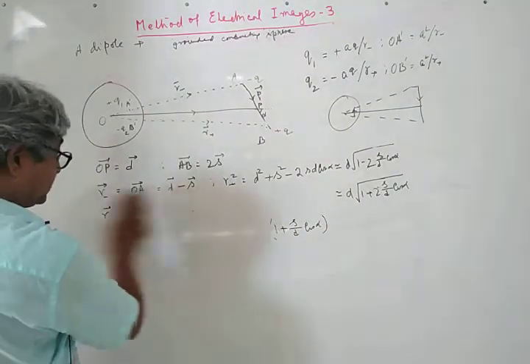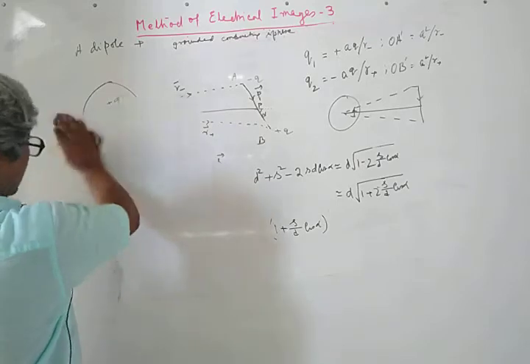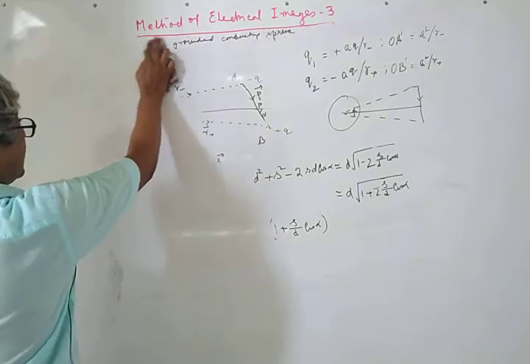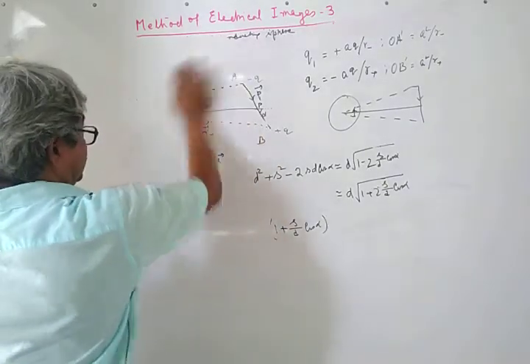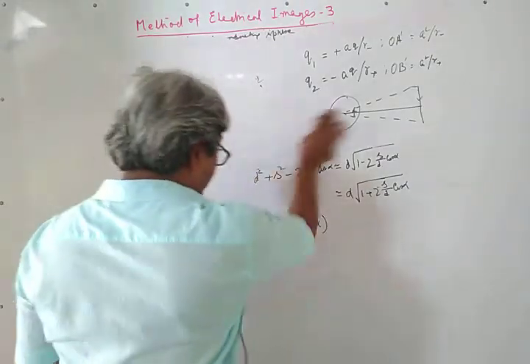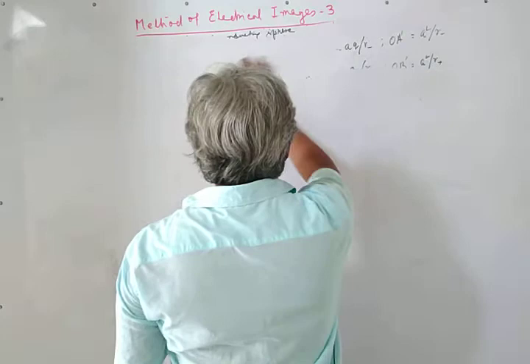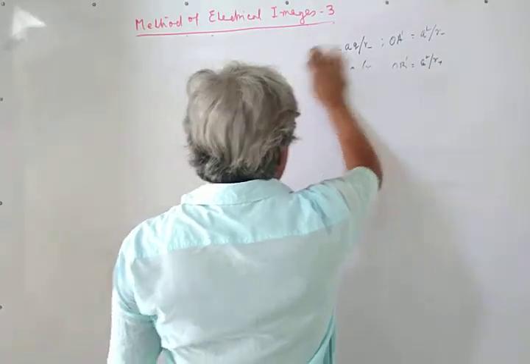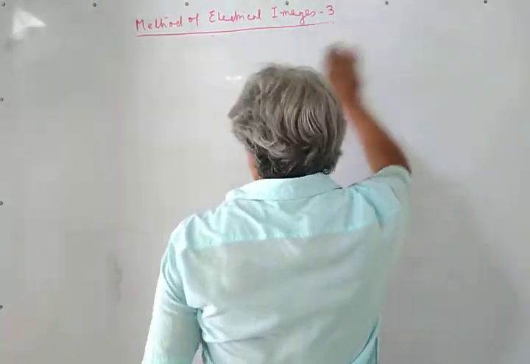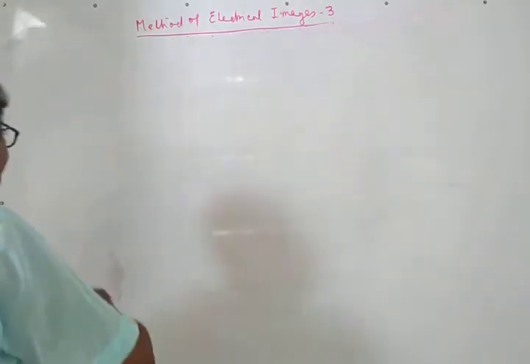Now I come to the justification for the name, the method of images. I want to first give a justification why the method is called method of images by Lord Kelvin.